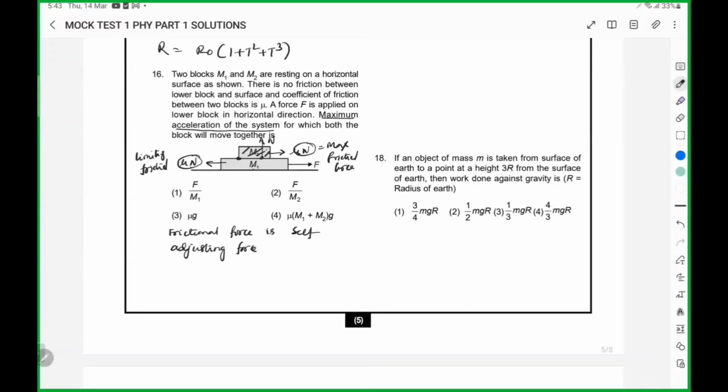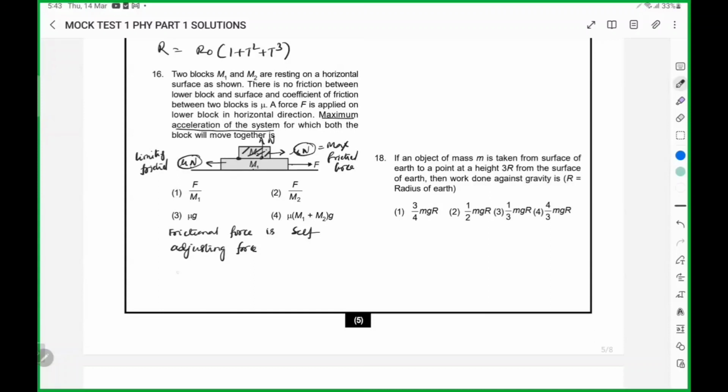After that, if you increase the force, this maximum frictional force remains the same. F will increase, then the blocks will move separately.